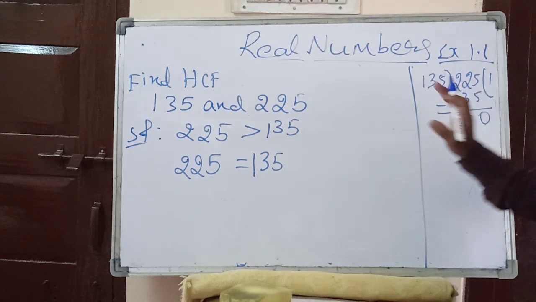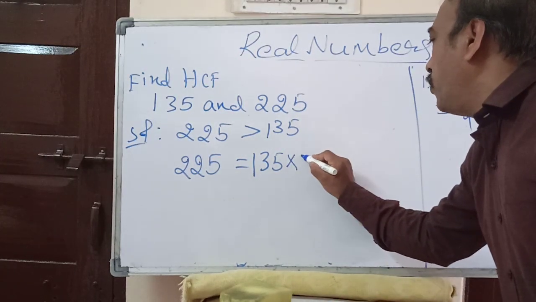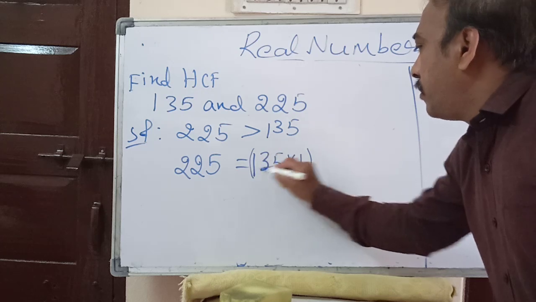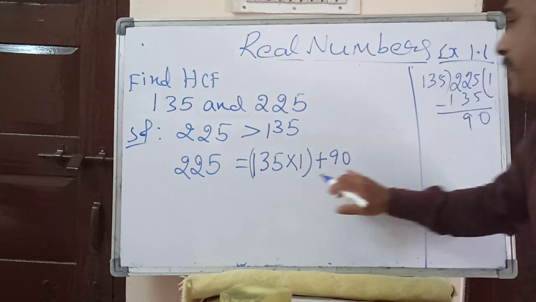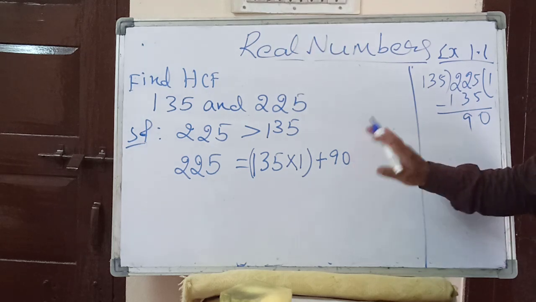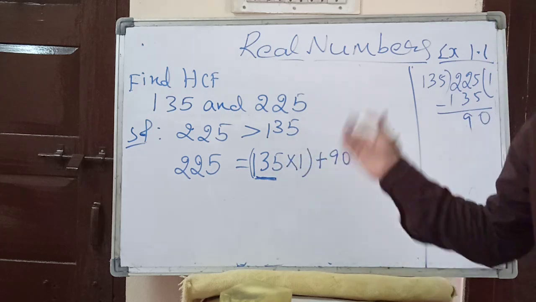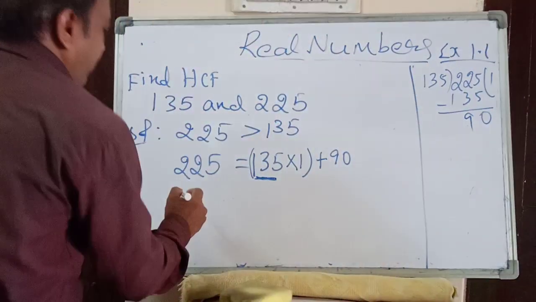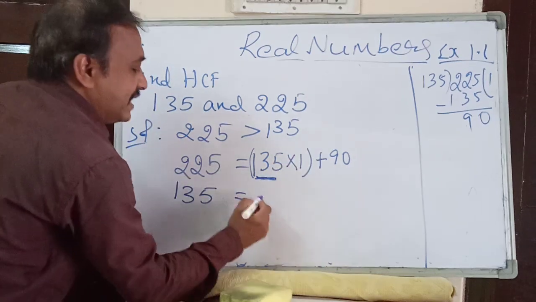Now this 225 is equal to 135 into 1 plus 90. Here the remainder we got is 90, not 0. That means the new dividend is 135, and the new divisor is 90.